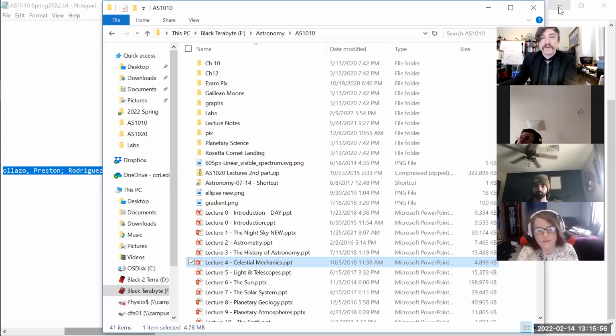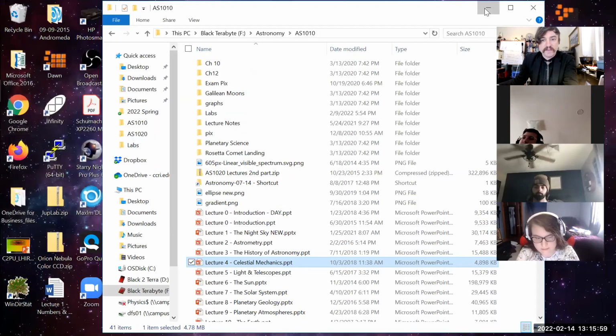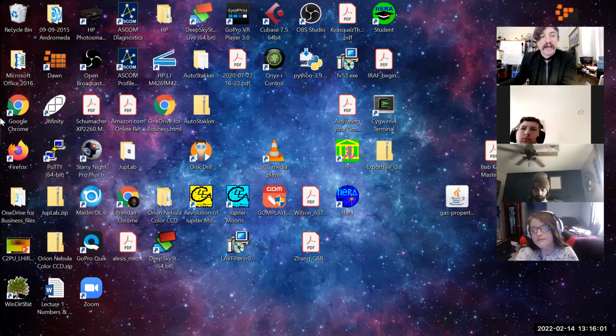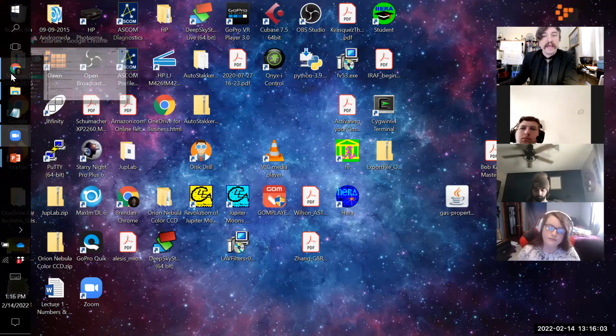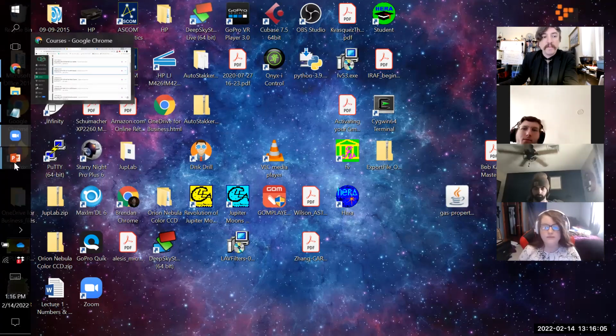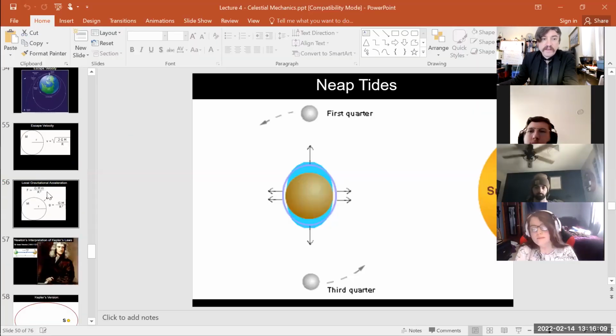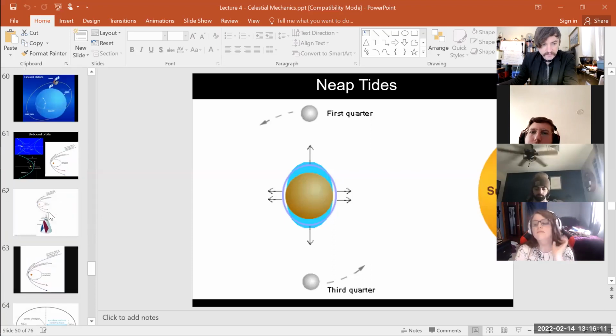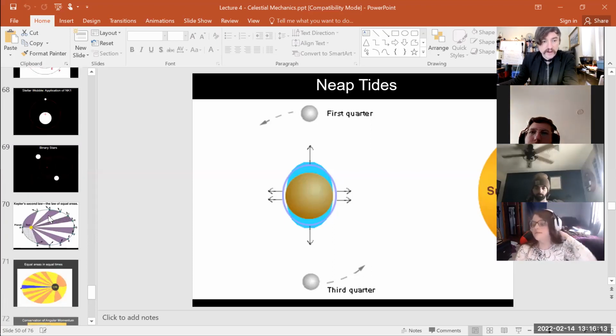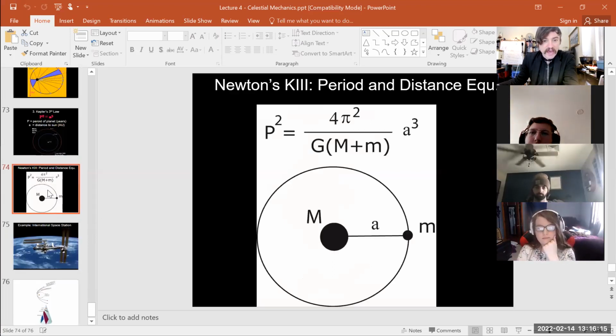This chapter represents a real kick in the pants in terms of math and calculator operations. And one of the big formulas that we're going to learn this week is a modification to Kepler's third law of planetary motion. And I'm going to have to cover this in lecture next time.